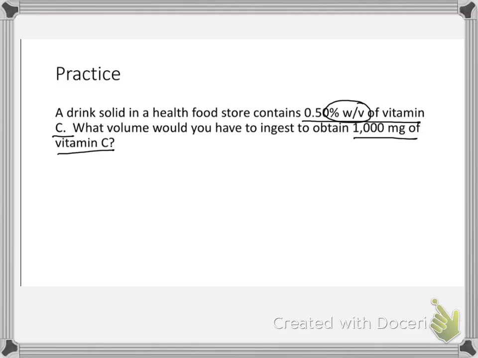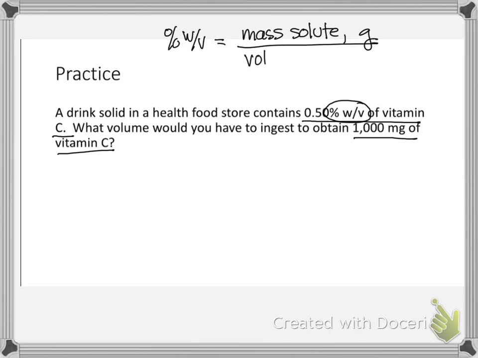So I can still start with the equation, percent weight to volume equals the mass of the solute that has to be in grams divided by the volume of the solution in milliliters times 100.